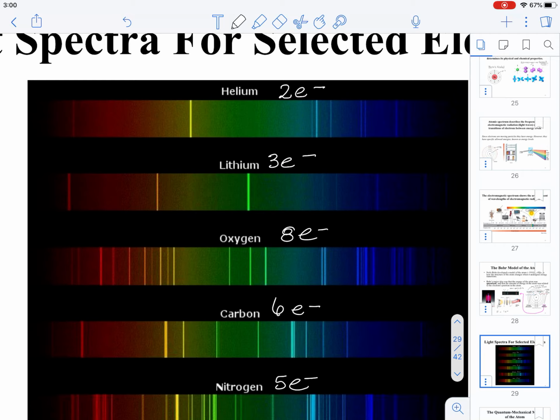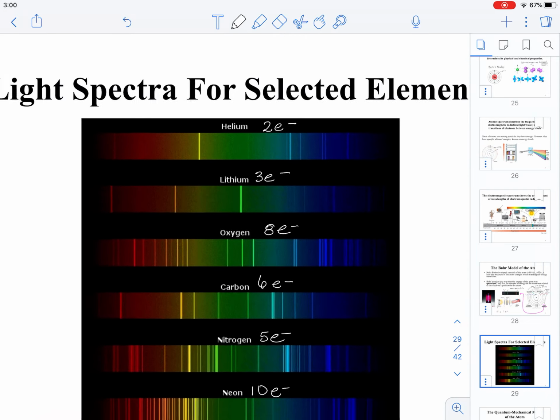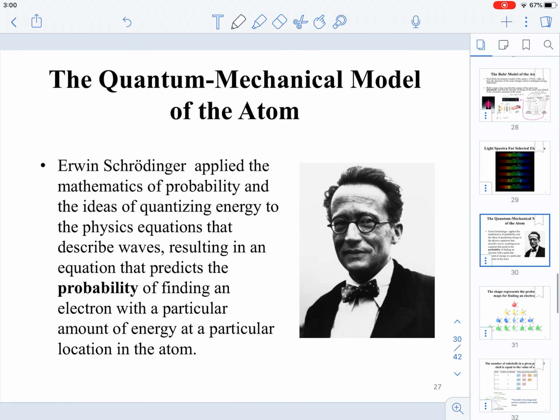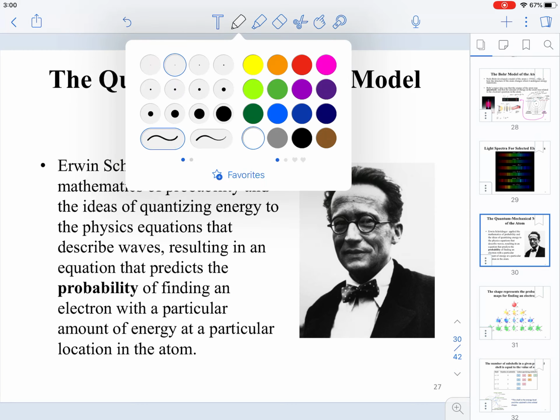Okay, just because of the complexity of how do we now explain all of these lines in terms of transitions. His mathematical model wouldn't work for things other than hydrogen. So understand that from there, a new model needed to be proposed. And that's what brings us to the quantum mechanical model of the atom, which was developed by Erwin Schrödinger.